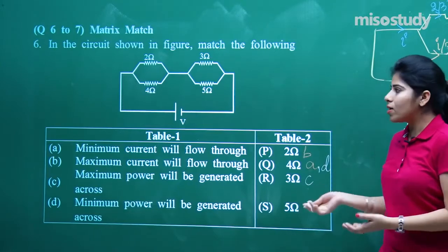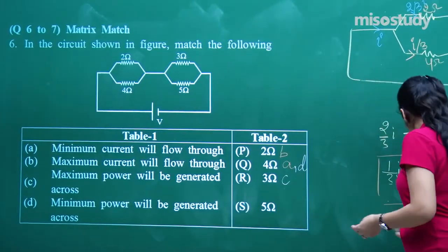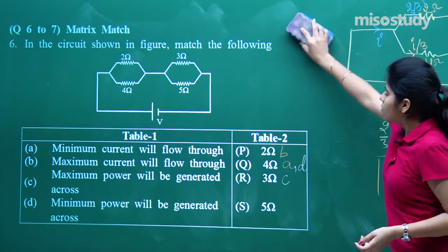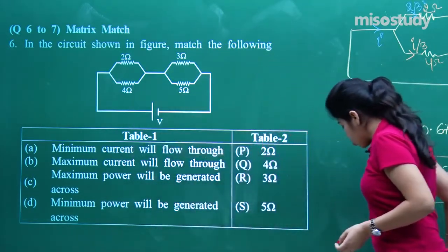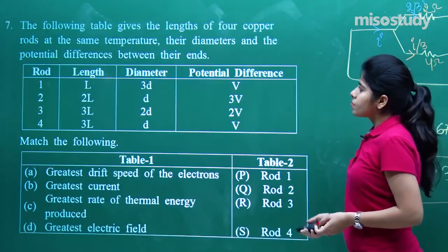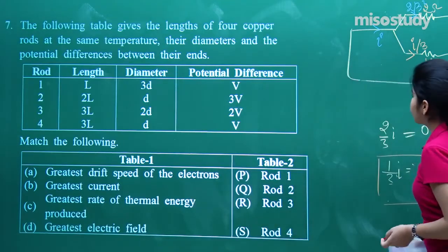So yeah, this was the question, and now we have completed this question. We will be moving towards the next question of matrix match type. Okay, the question number 7.